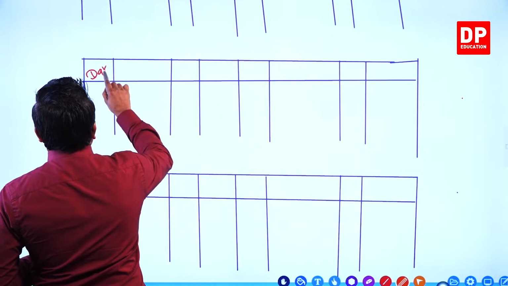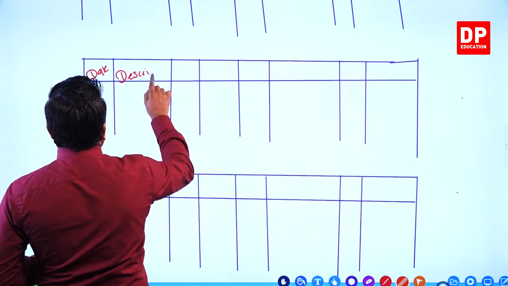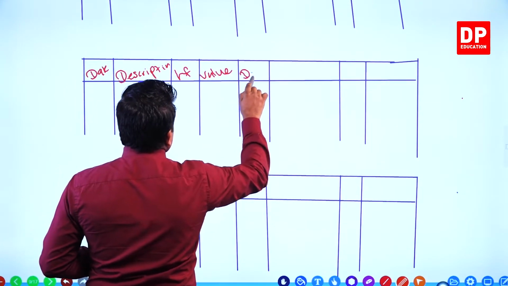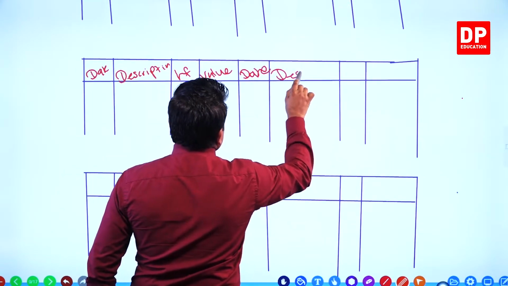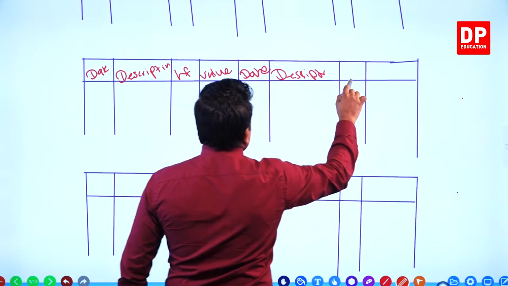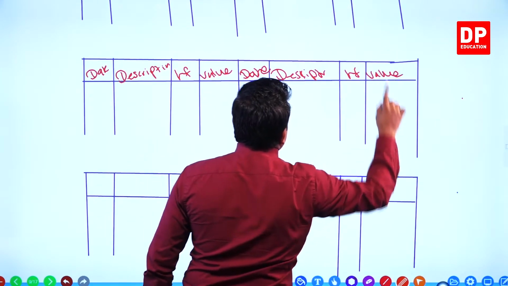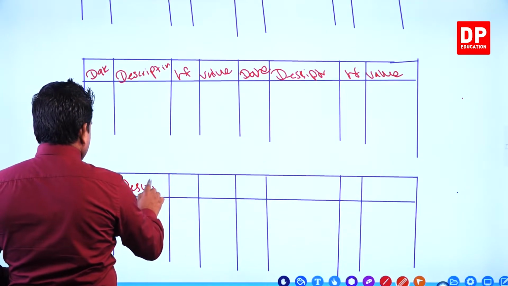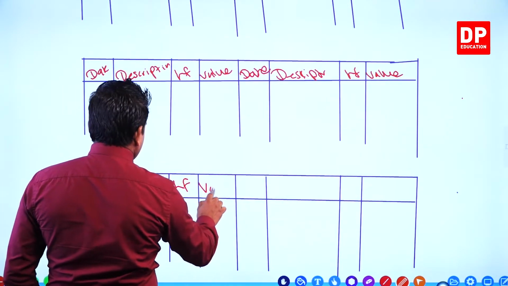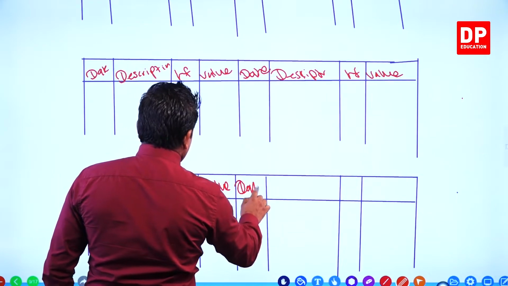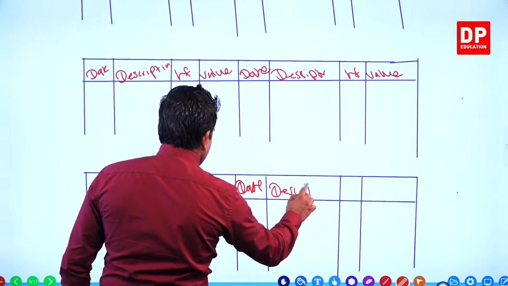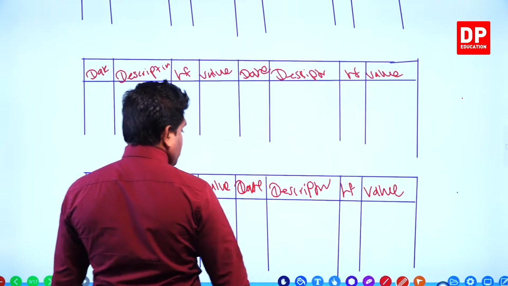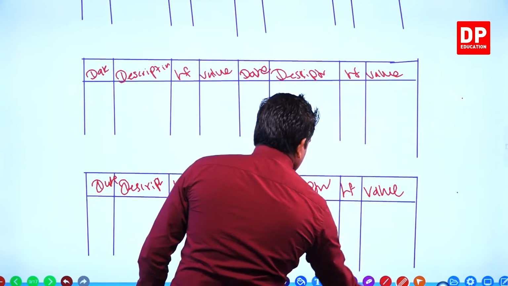Then the other two accounts, each with date, description, ledger folio, value. The first one is machinery, the other one is computer.